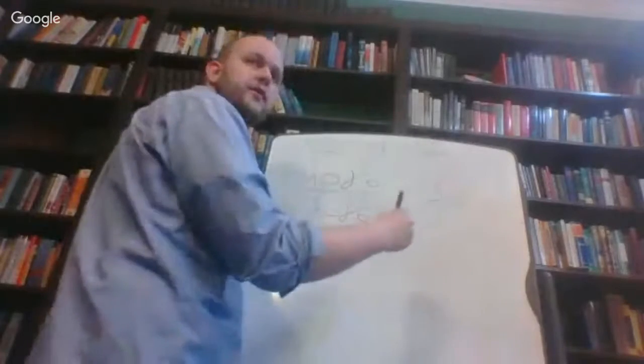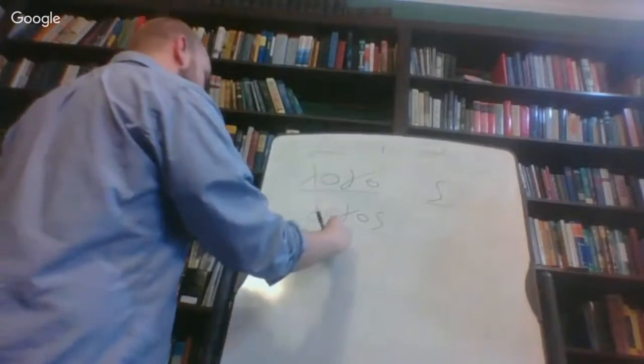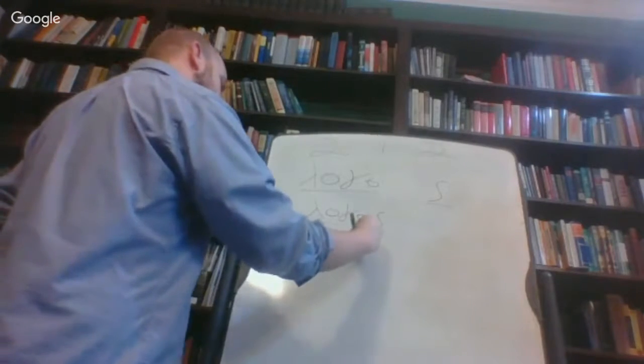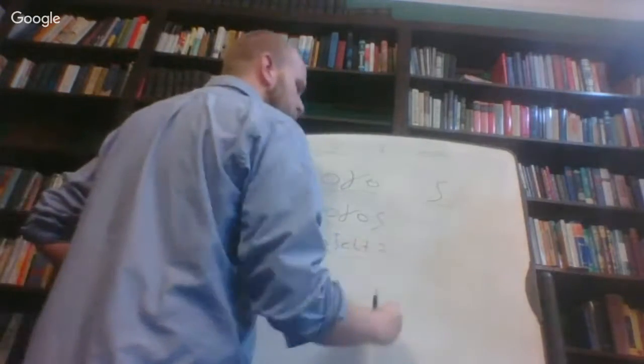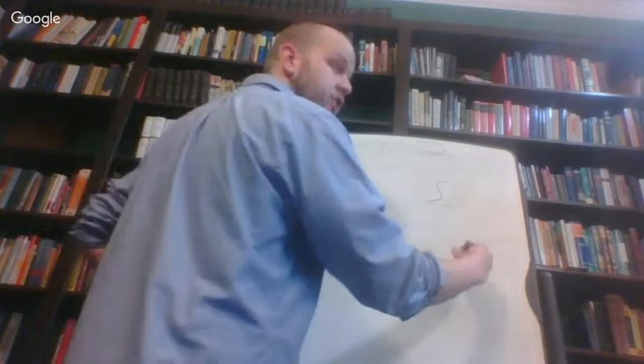This is the nominative, or the subject of the sentence. I'll just write this out for you. Subject equals nominative. We'll use this language from here on out.